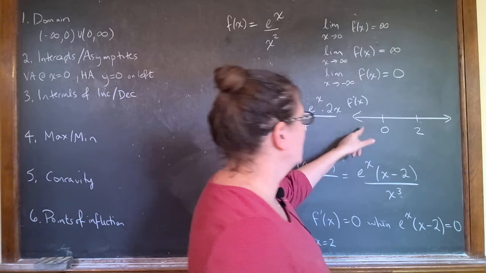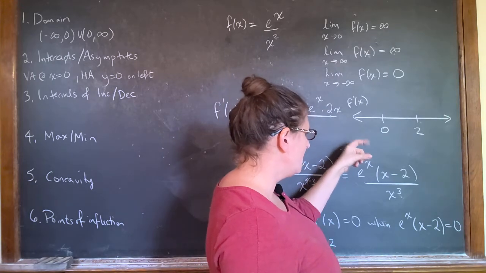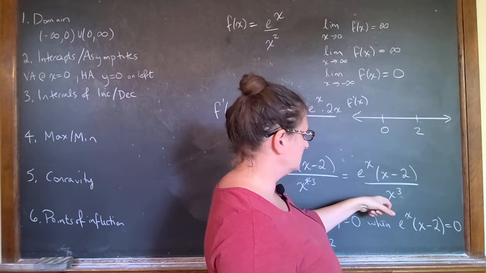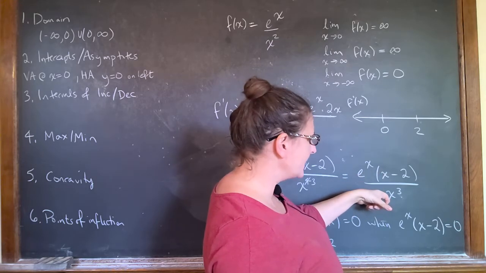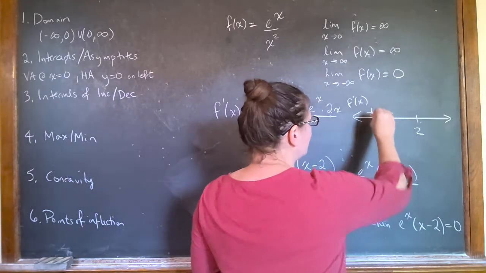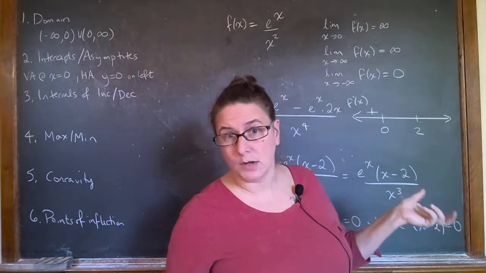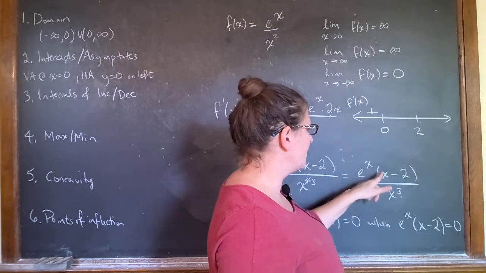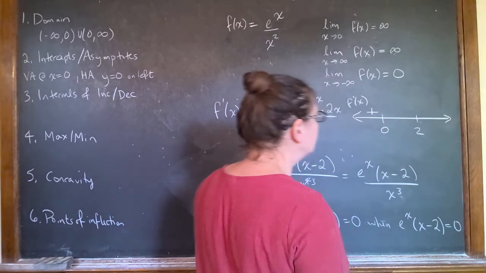So if I'm on the left-hand side of 0, my top's going to be negative and my bottom's going to be negative, right? So I'm going to end up with a positive value. If I put in, for example, x equals negative 1, this guy is always positive, so it doesn't make a difference, but I would have minus 3 over minus 1.